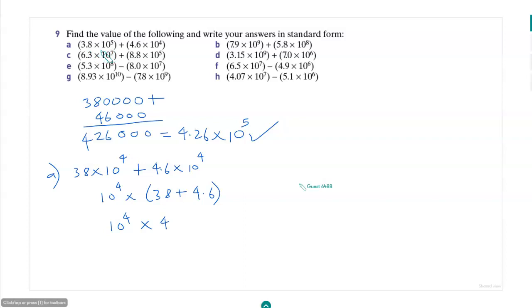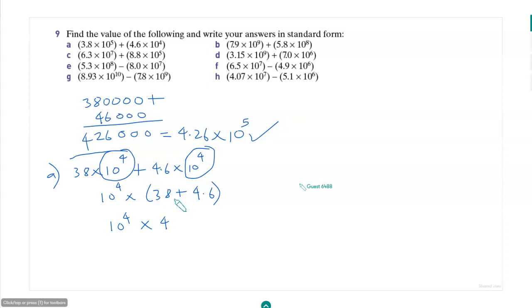No. Instead of 3.8, we converted this into 38 times 10 to the power 4. For 4.6, you don't have to do anything. Just keep it as 4.6 because our intention is to take this 10 to the power 4 out as a common factor, so that it's easier to add. If you're doing this on a calculator, it's all the same. You don't actually have to do it like this.